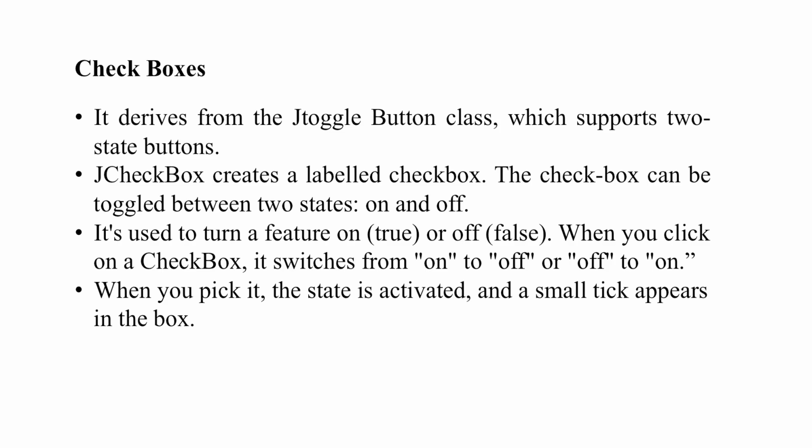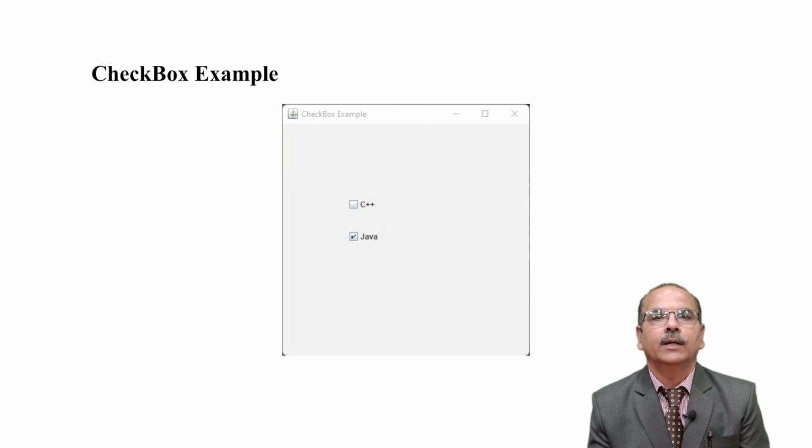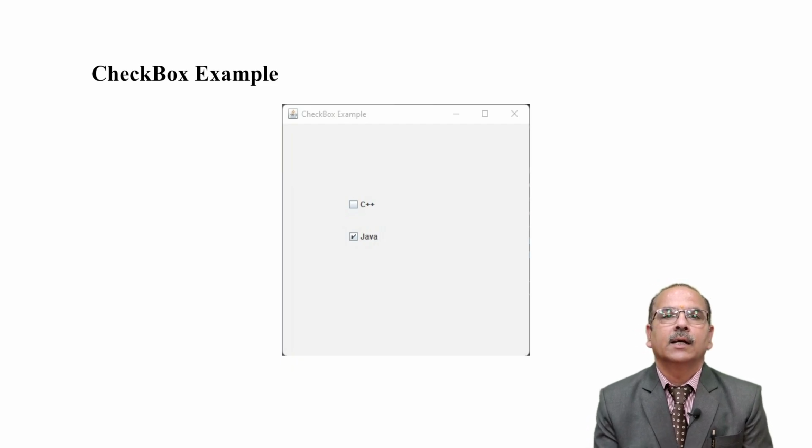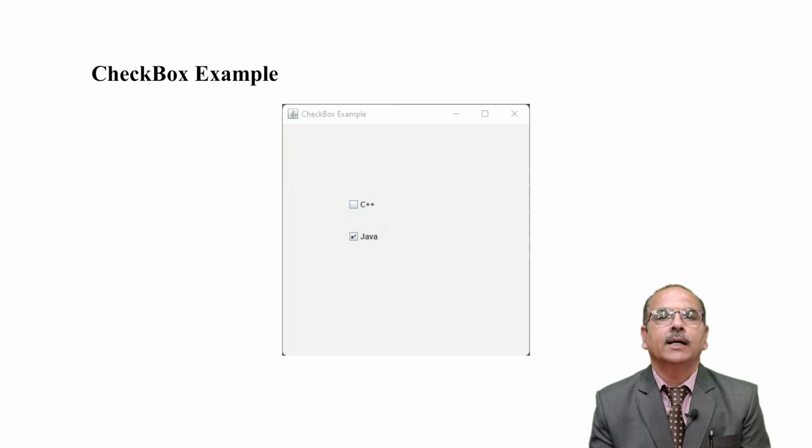When we click it once it will be on, and when we click again, it will be turned off. When the state is activated, a small tick appears when we select the checkbox. This is the example. When we run this, we get this output. When we click, there will be a tick mark over there.